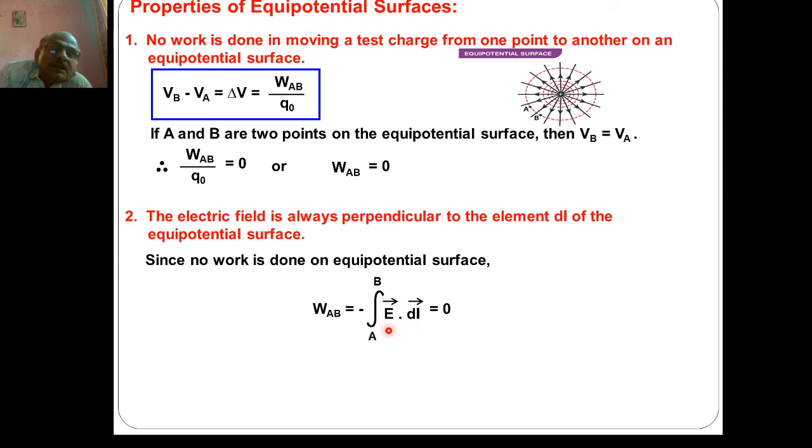If we remember class 11, dot product A dot B equals AB cos theta. From point 1, this work done is 0, so E dl cos theta equals 0. So cos theta equals 0, meaning theta equals 90 degrees. That means the electric field is perpendicular to the element dl of the equipotential surface.